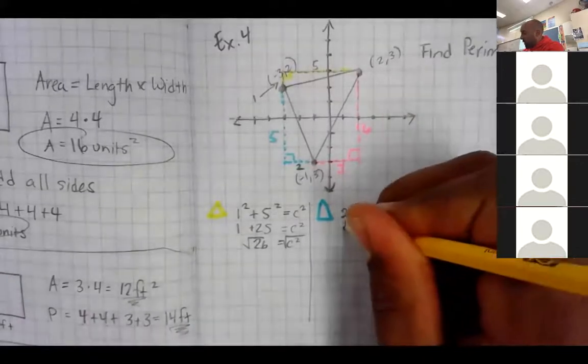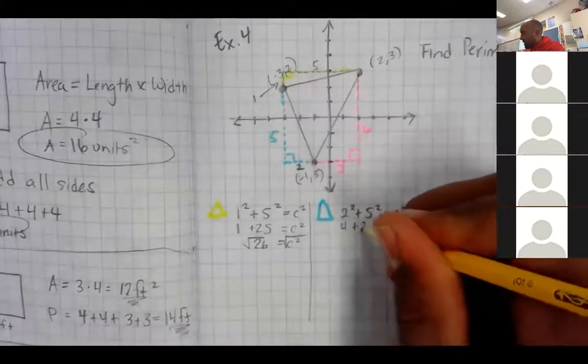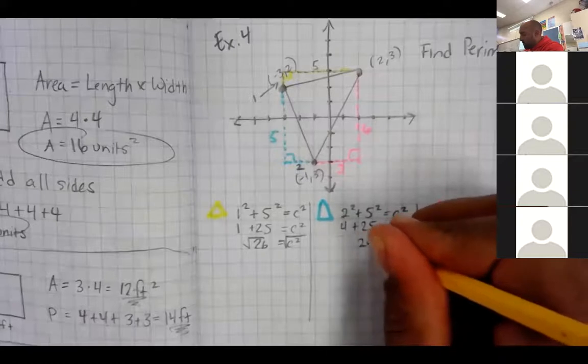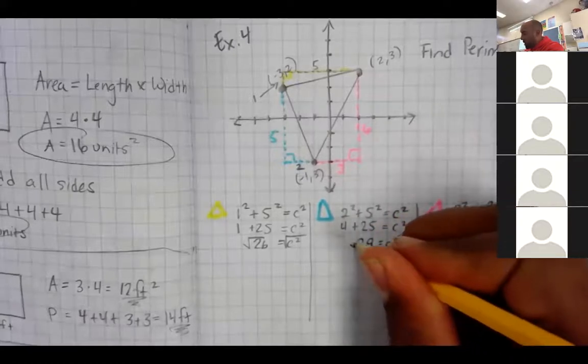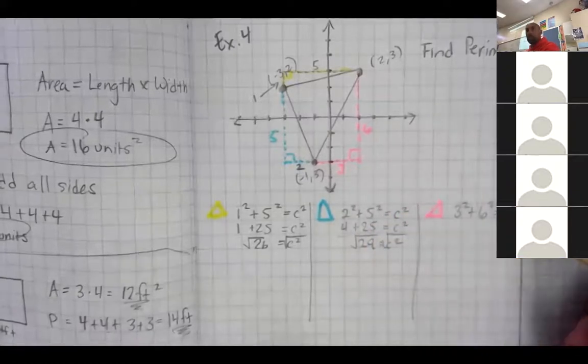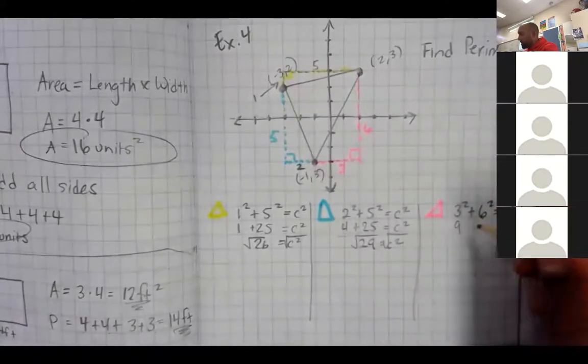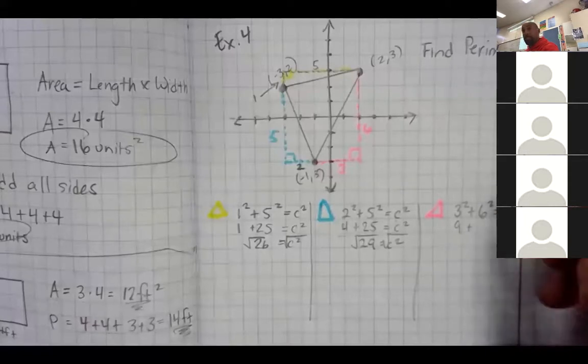Okay, so 2 squared is 4, 5 squared again is 25. Add those up, that's 29. So square root of 29 is the square root of c squared. And then down here, 3 squared, 3 times 3 is 9, and 6 times 6 is 36.